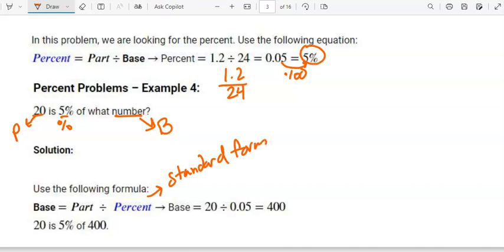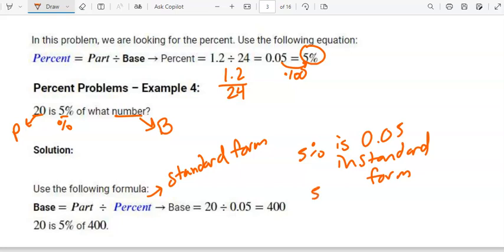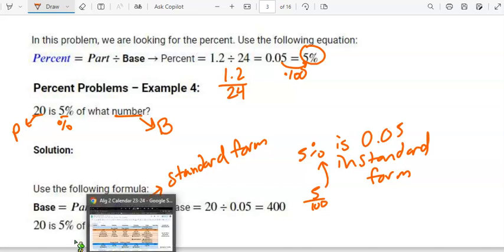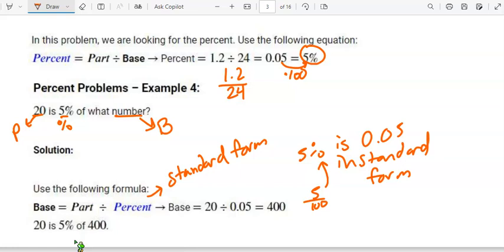So we have 20 divided by 0.05. That equals 400. So 20 is 5% of 400.